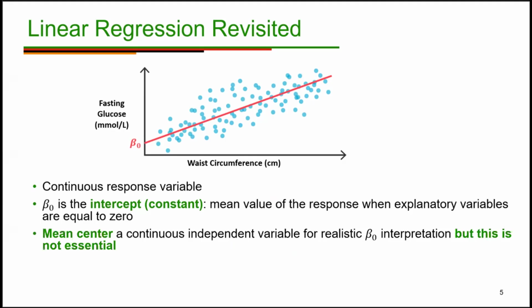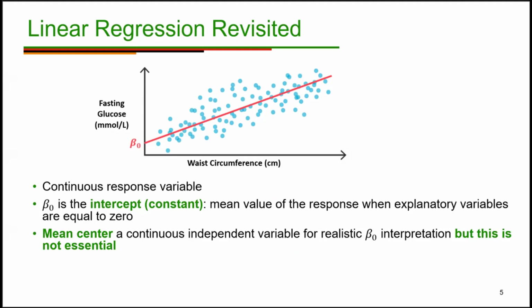And so for you to do that, there's a concept that is called mean centering. This is where a continuous variable, as one of the continuous independent variables, is mean centered.